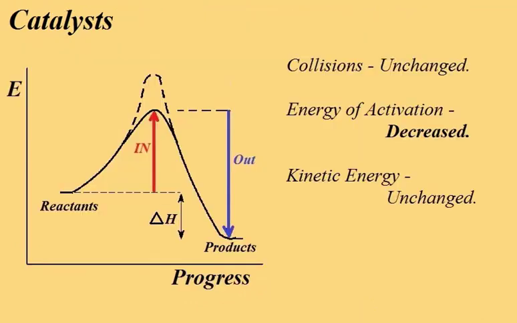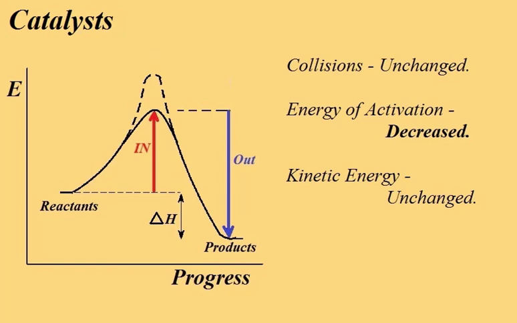We can also add a catalyst to the reaction. As we've said in the notes, adding a catalyst lowers the energy of activation. We're providing a surface for that vital collision to occur, and so there isn't as much energy required for the collision to be effective.